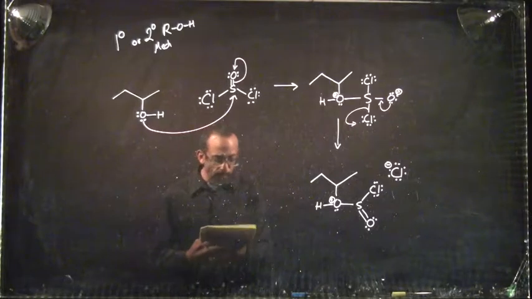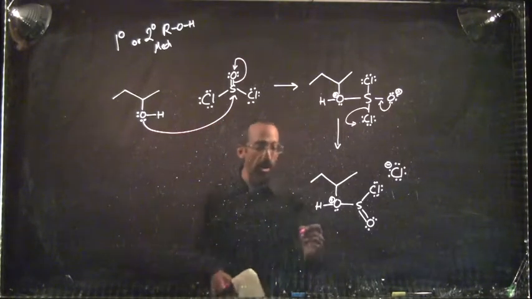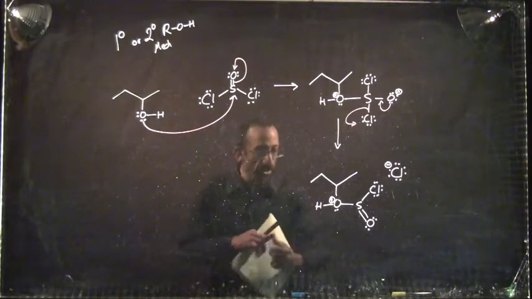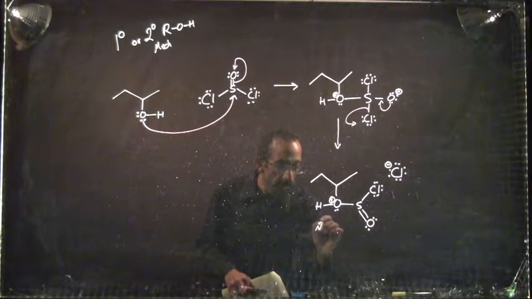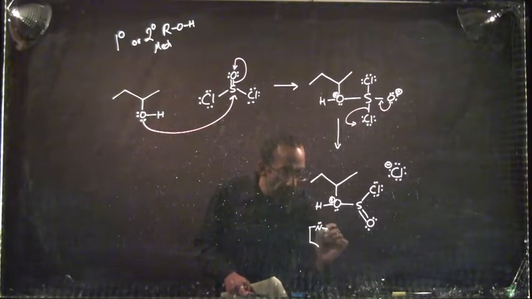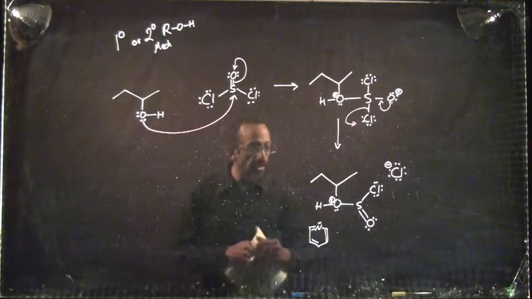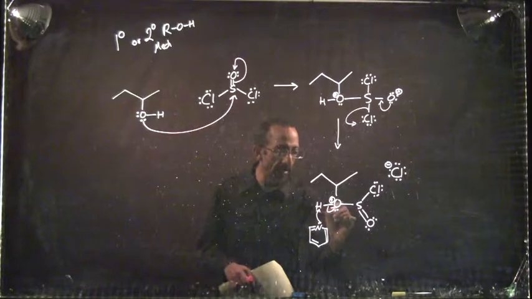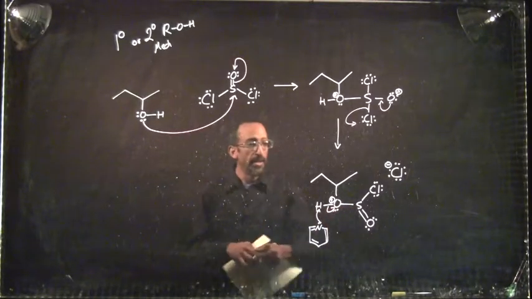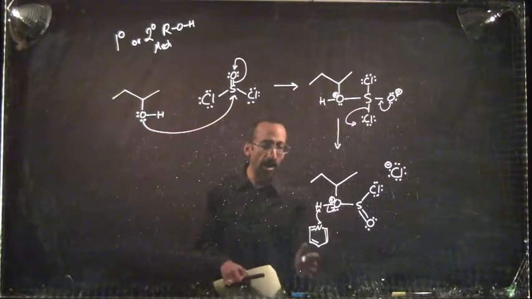Here now, the next step is to deprotonate our oxonium. So I'm going to use pyridine this time. And a lone pair on nitrogen will pick up that hydrogen and give us an overall 0 charge on our oxygen.